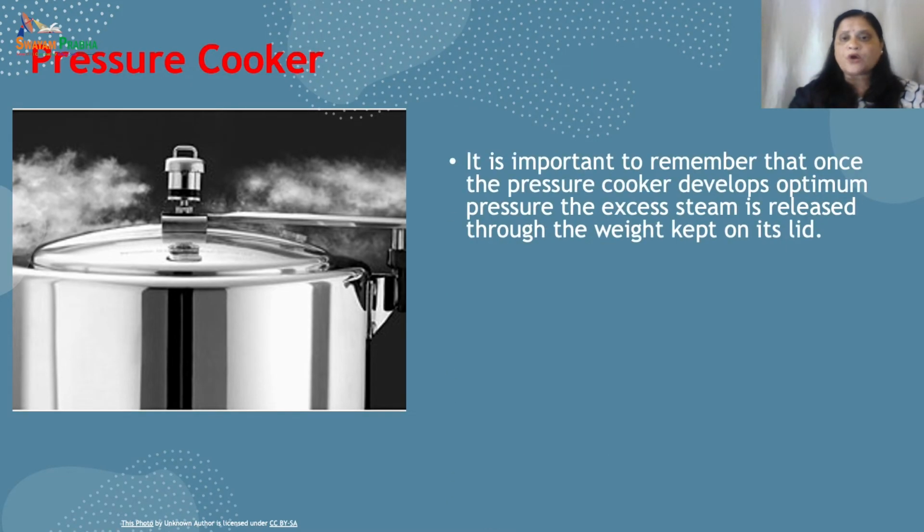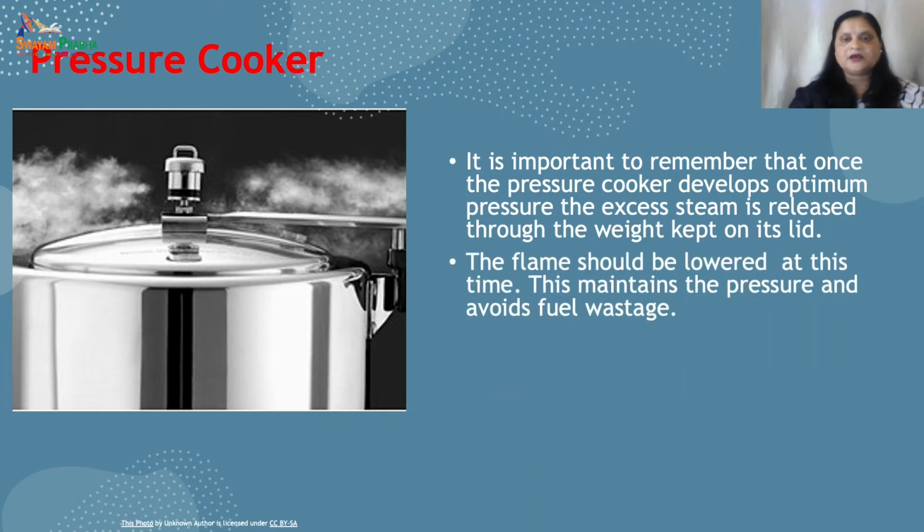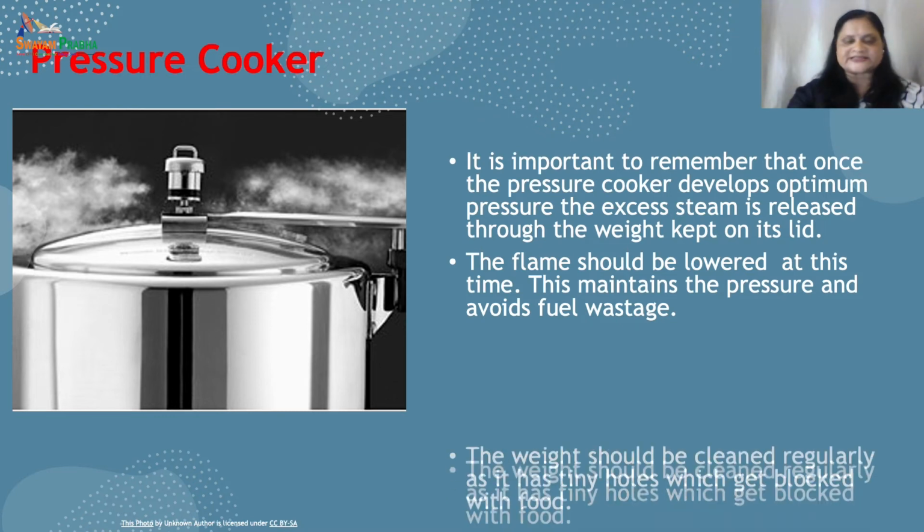It is important to remember that once the pressure cooker develops optimum pressure, the excess steam is released through the vent kept on its lid. The flame should be lowered at this time. This maintains the pressure and avoids fuel wastage.